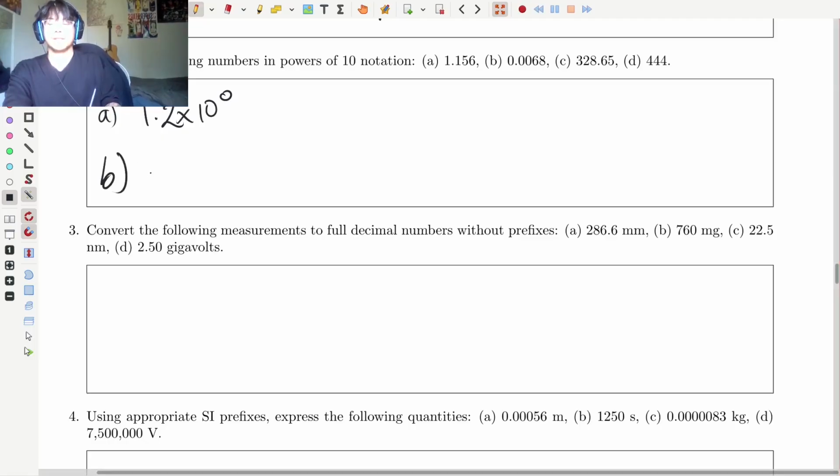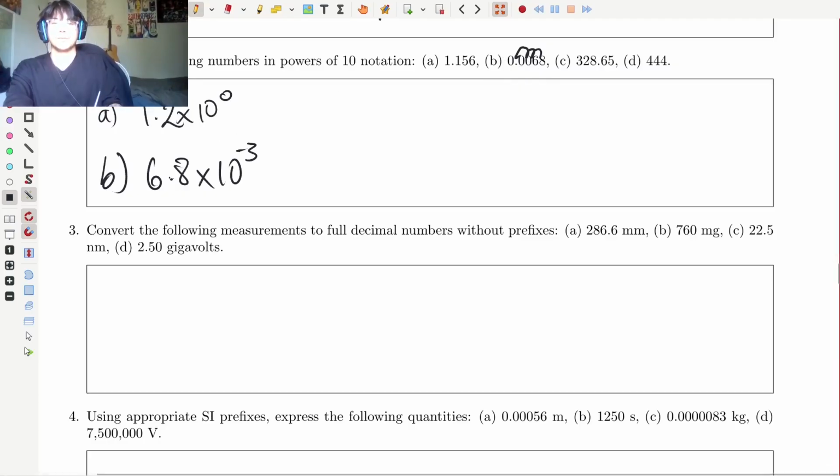Now this one in 2 significant figures is 6.8 times 10 to the 1, 2, 3. So we need a factor of 10 to the minus 3 to bring this number to be equivalent to this here.